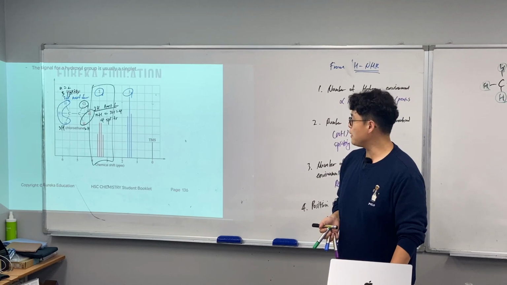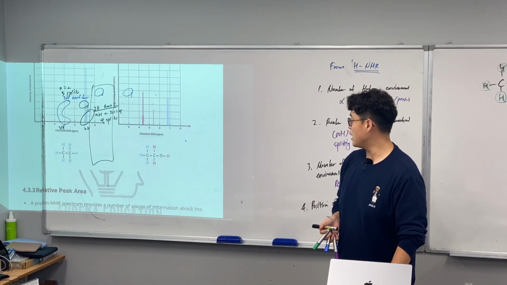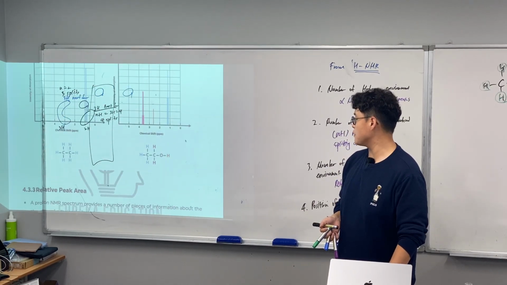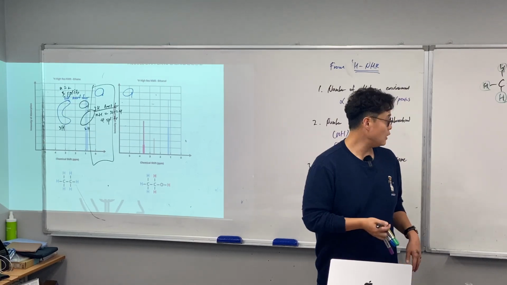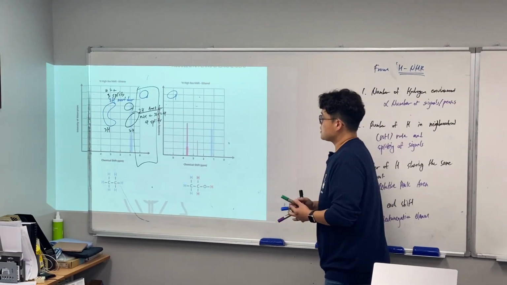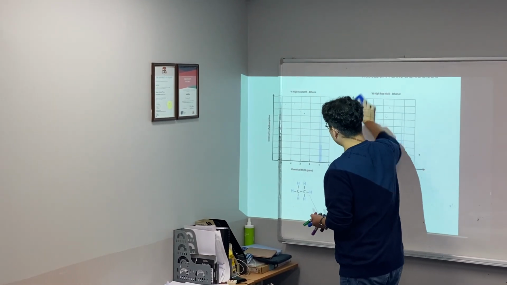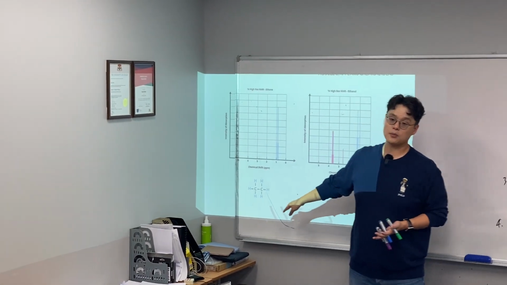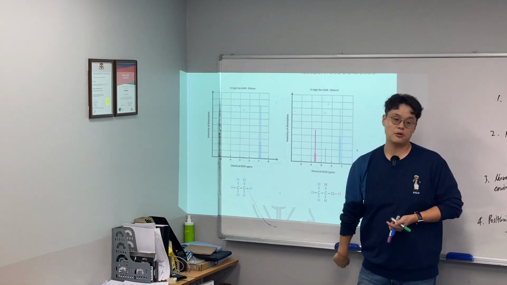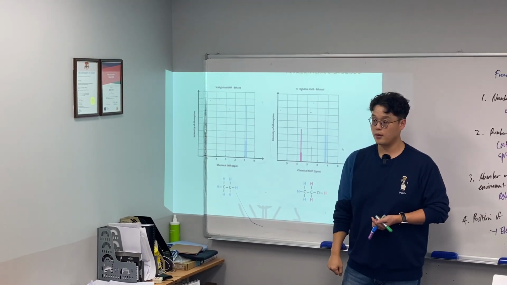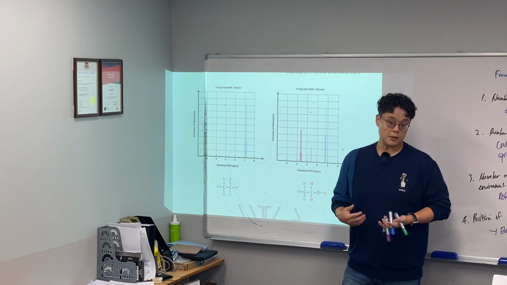So going back to your examples, okay, sorry, before that, let's finish page 137. We have the famous example of ethane and ethanol. Starting with ethane first of all, it only has 1 hydrogen environment. Describe the hydrogen environments.